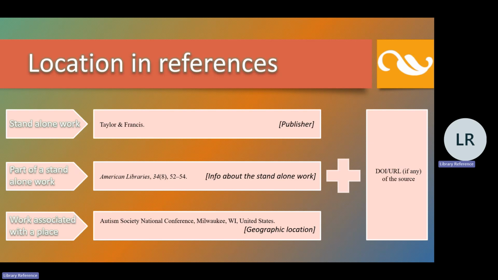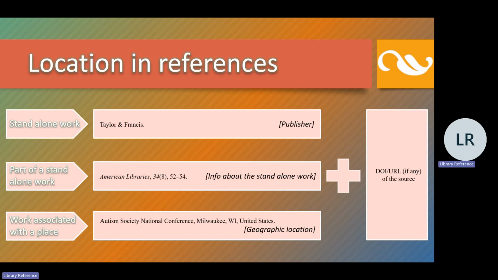The DOI is an identifier, a specific code assigned to each source by the publisher, which is very, very important because it provides a permanent location to the particular source on the web.